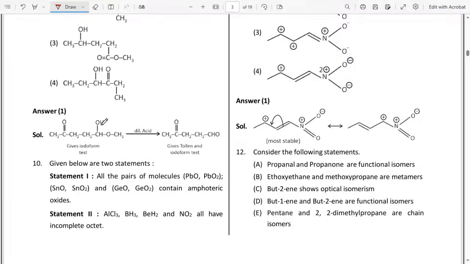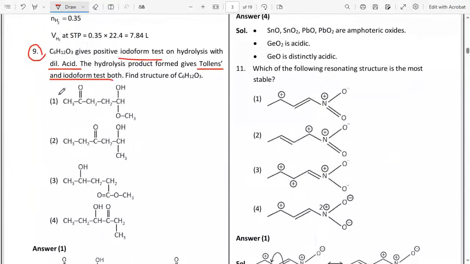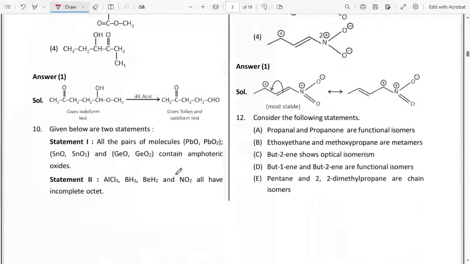Yes, hydroxy is there, methoxy, and ketone is there. Dilute acid gives Tollens and iodoform tests, right? So in the presence of this, it is going to give all these tests. So option 1 is going to be the correct option, students, right?